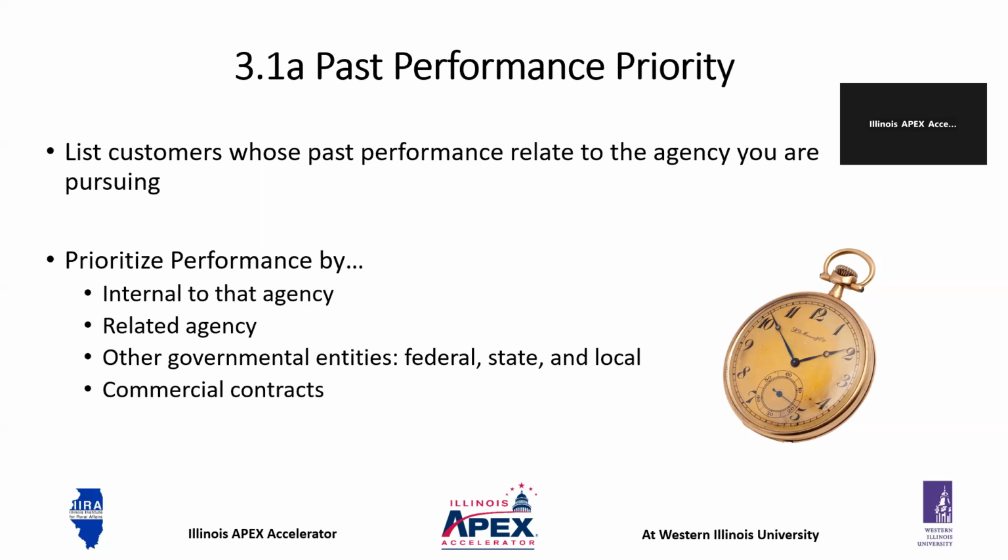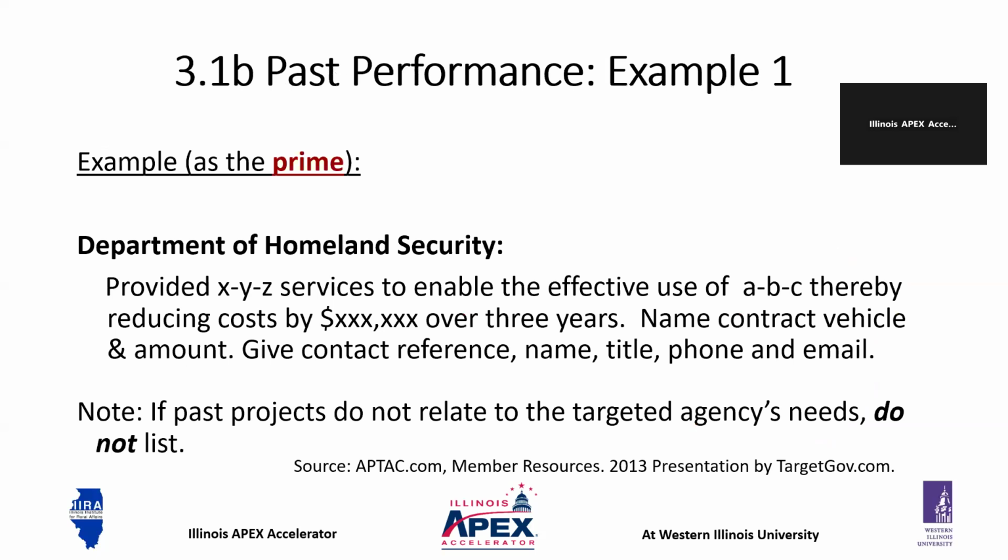And say we do not have any experience that's internal or related to an agency, then we can list other governmental entities that we've had experience with, whether it's federal, state, local, municipal, maybe it's a college or university, and that's fine too. And if you have none of those types of performance, then you can list your commercial contracts. So I'll go over a couple of examples that will help you with organizing your past performance.